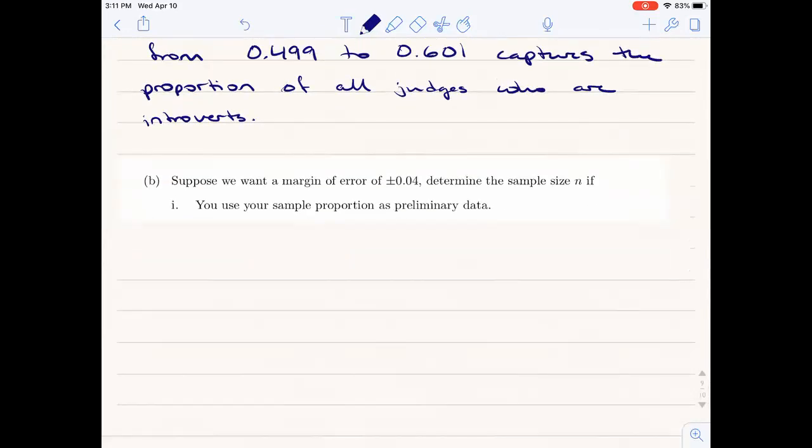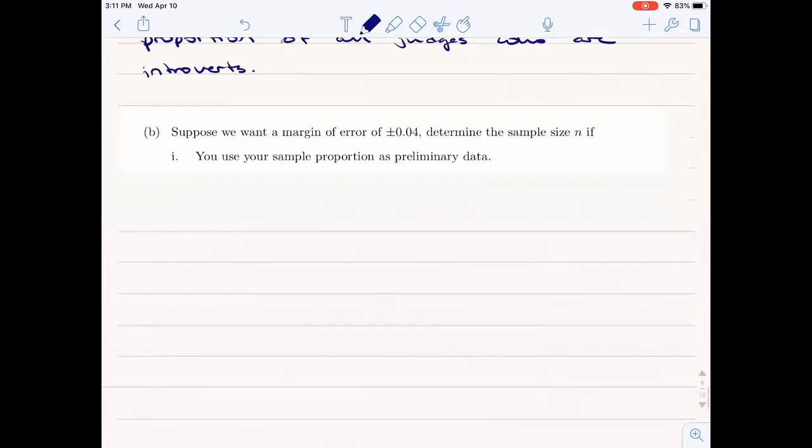Remember, for proportions, we had 2 different options for calculating our sample sizes. So now we want a margin of error of 0.04. If you're using your sample proportion as preliminary data, what that's telling you is that p star is p hat.